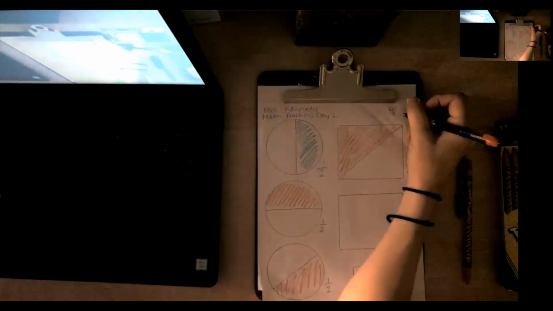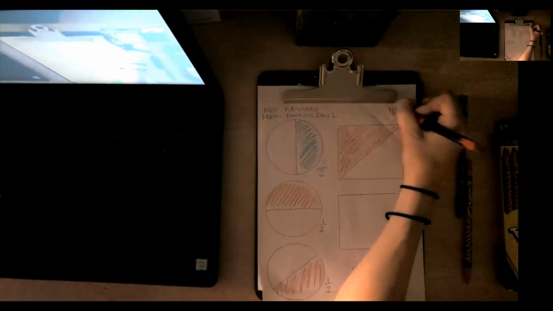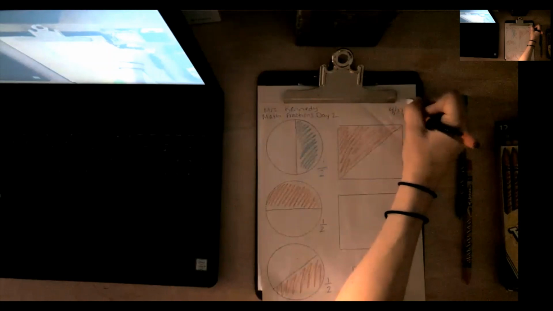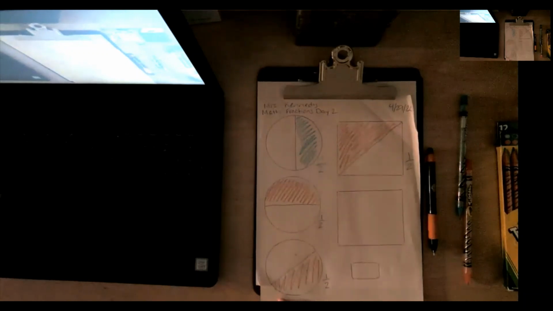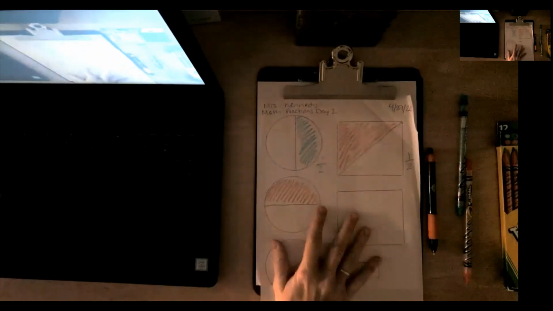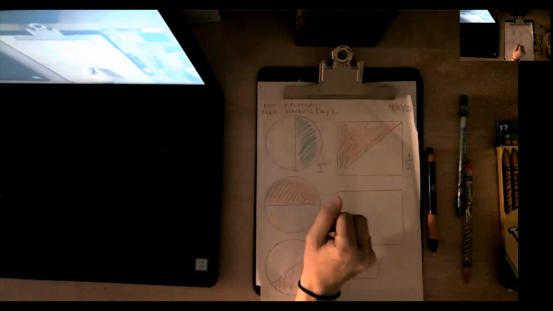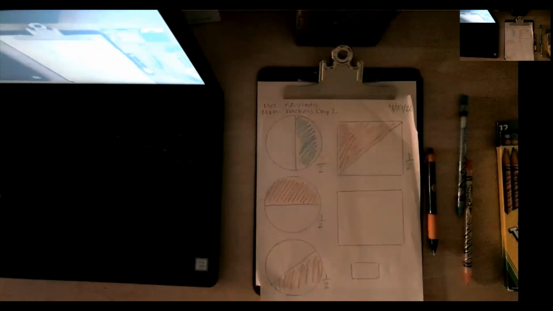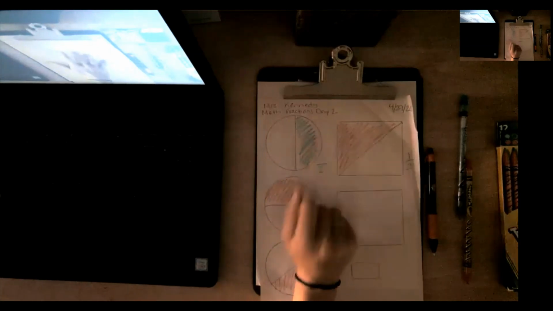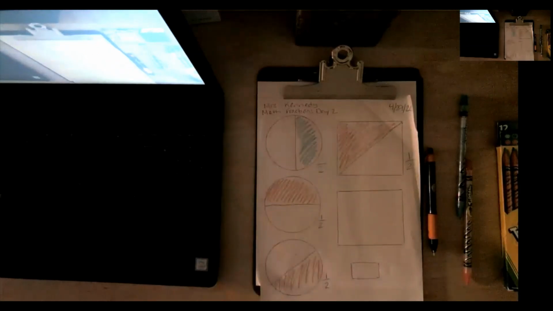What is today's date? Today is the 29th. Out of being in school with you guys, I get confused. All right, so go ahead, work on this, try to get at least 6 between circles and rectangles. Take a picture of it and upload it to fractions day 2.